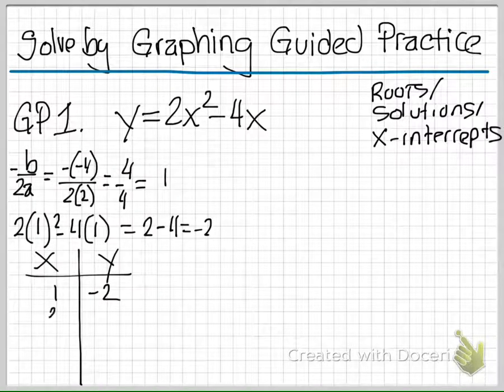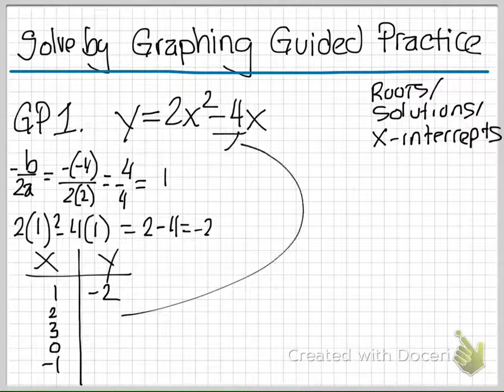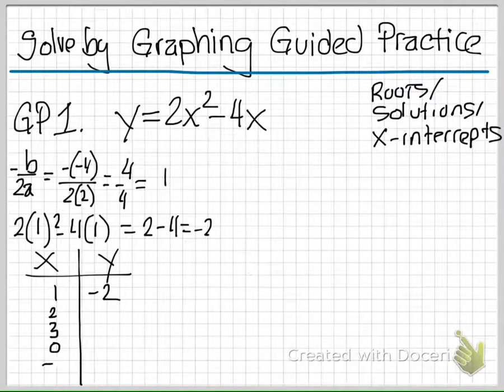Pick two values of x to the right and two values of x to the left. Plug each of those into your original equation and then solve. We could use some mental math here. 2 squared is 4, times 2 is 8. 8 minus 4 times 2 is 8, which is 0.